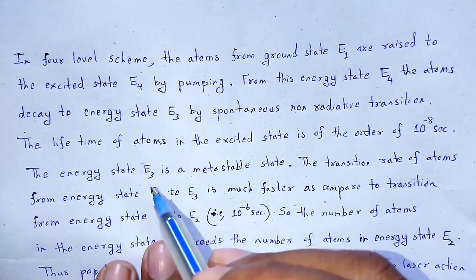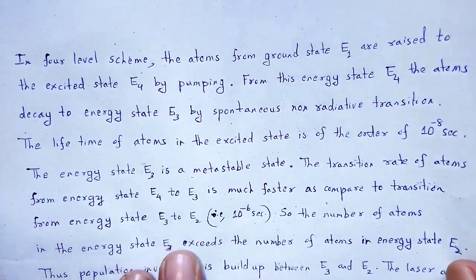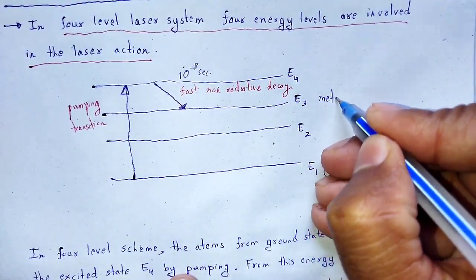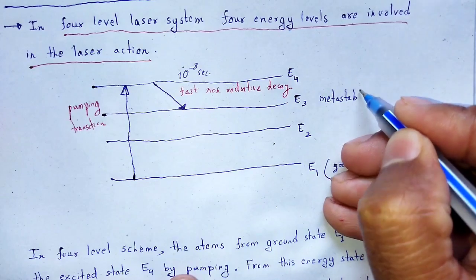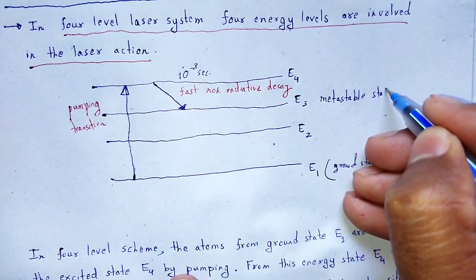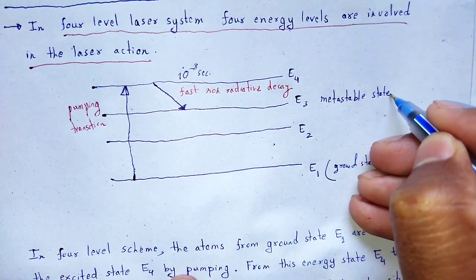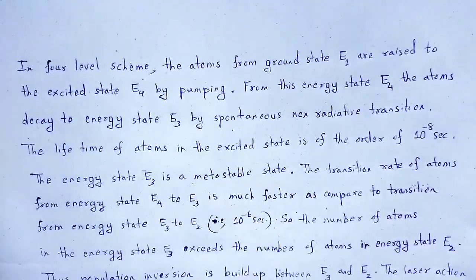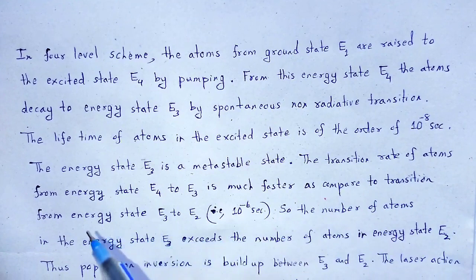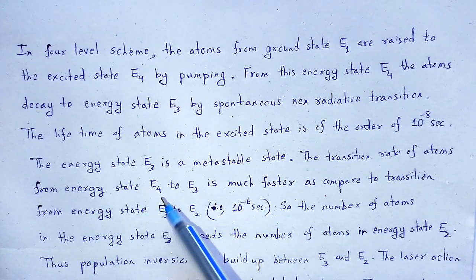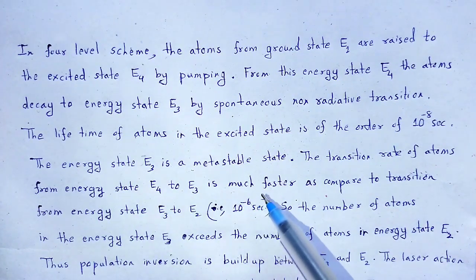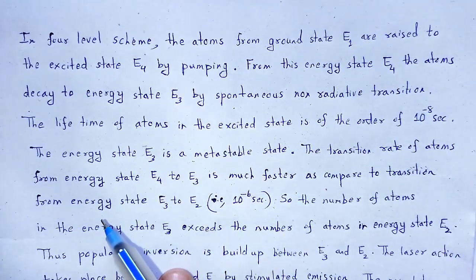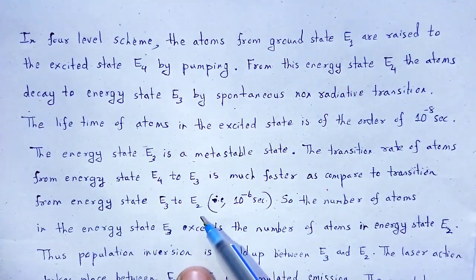The energy state E3 is a metastable state, which means the transition rate of atoms from energy state E4 to E3 is much faster in comparison to the transition from the energy state E3 to E2.